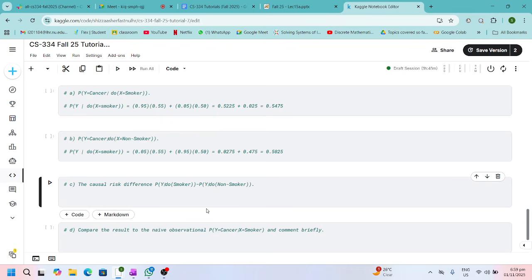Now, if I want to estimate the causal effect, I will just take the difference of these two values, which is equal to 0.5475 minus 0.5025, and my answer comes out to be 0.045. Okay, which, when you check it in percentage, is 4.5 percentage points.